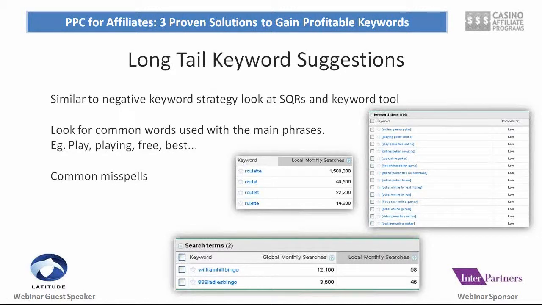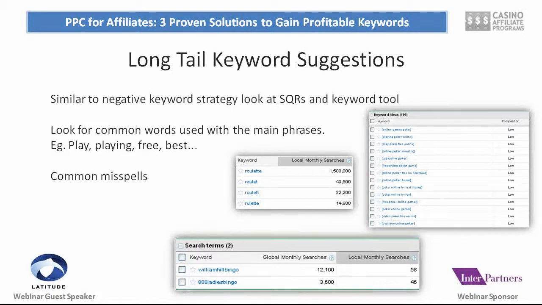So it's good to have a look, use the keyword tool, perhaps joining words together. In the bottom screen grab, William Hill bingo and 88 ladies bingo all as one word again still gets a good amount of volume. And if you do have a look at the affiliate schemes, sometimes there are a few loopholes in their guidelines around brand terms, and I would suggest you see whether you can take advantage of them.